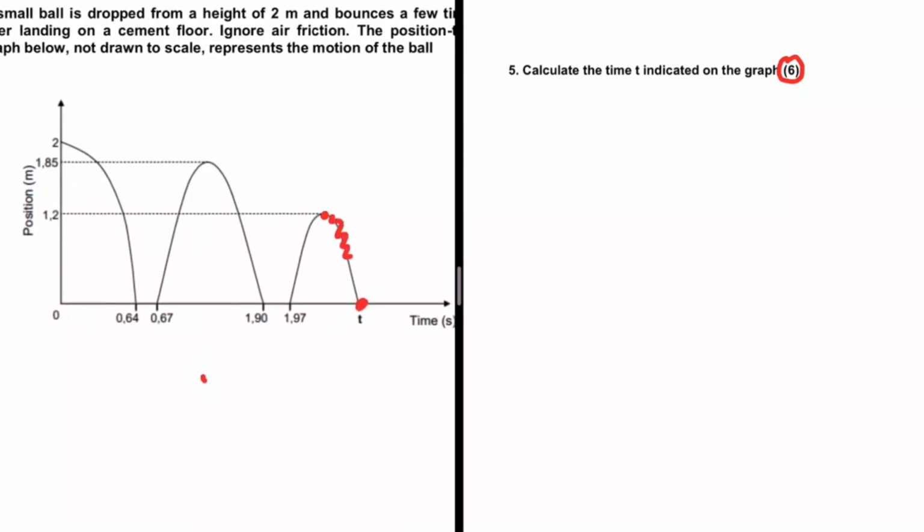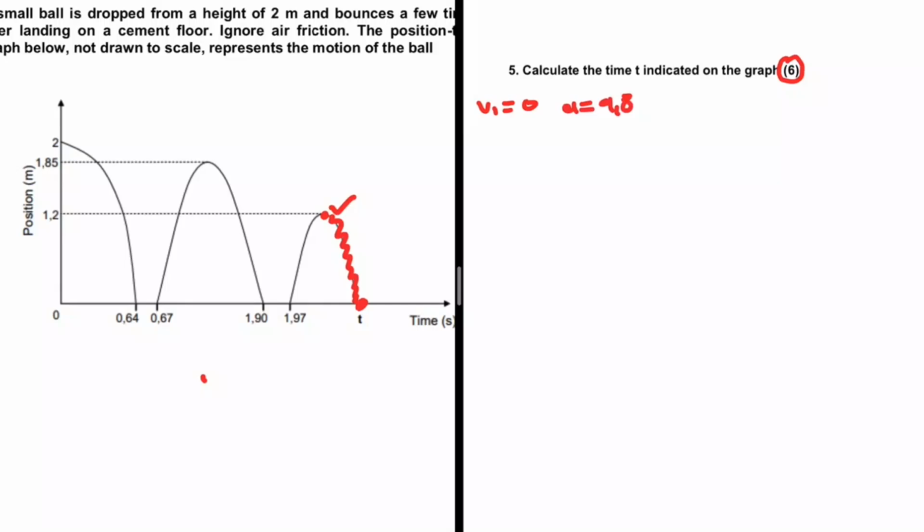This is the part of the motion that I'm considering. If you pay attention to that part of the motion, you should realize fairly quickly that VI is equal to 0 because this is maximum height. So the initial velocity there should be 0 meters per second. We also have the acceleration like we always do in free fall, 9.8.